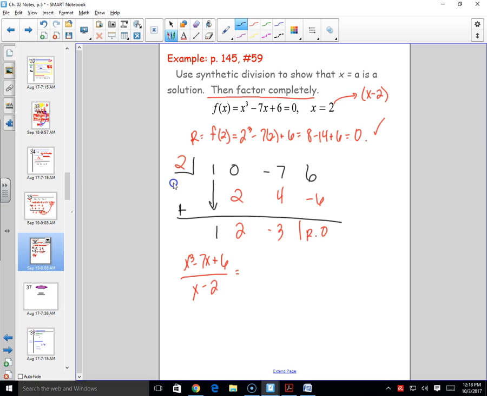And as, Kelly, I think you were saying, the 1 and the 2 and the 3 do symbolize an x squared term, an x term, and a constant. But that's the answer to a division problem, which is good and all, but they didn't ask us to answer a division problem. They asked us instead to find the factors.